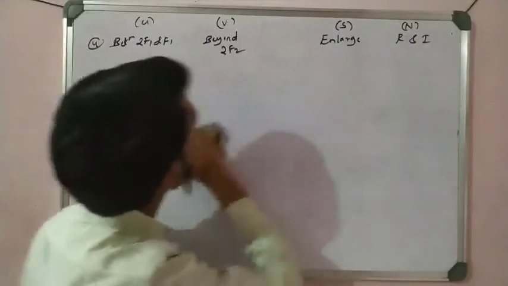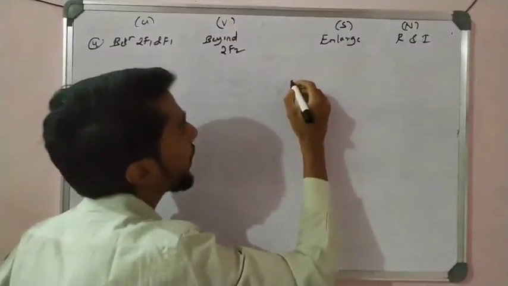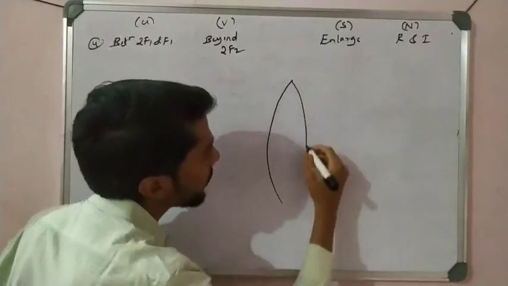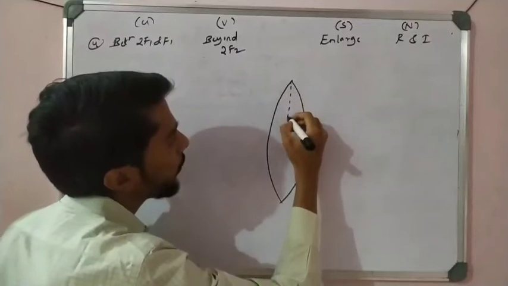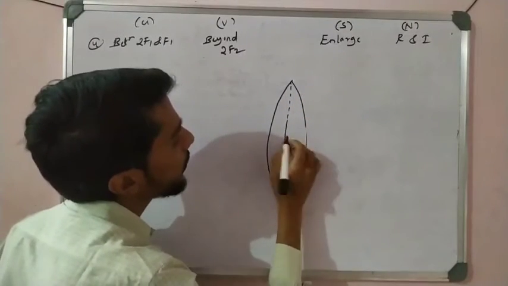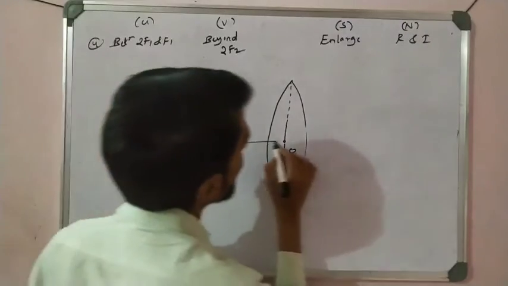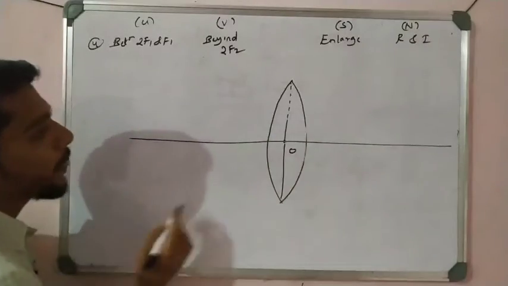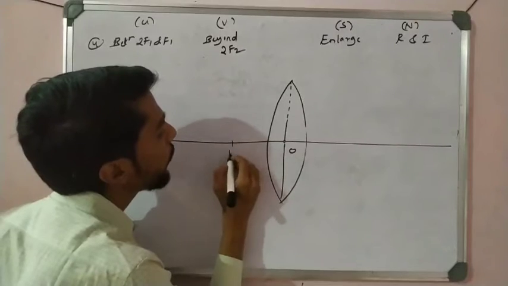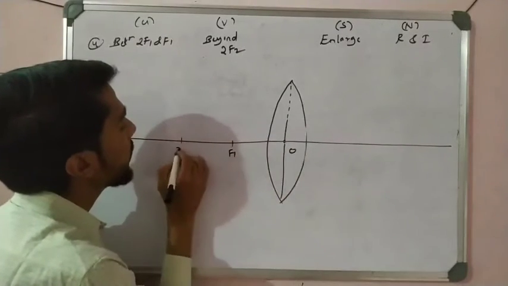Again, let me repeat. Again take a convex lens, O, and the principal axis. This is F1 and this is F2.